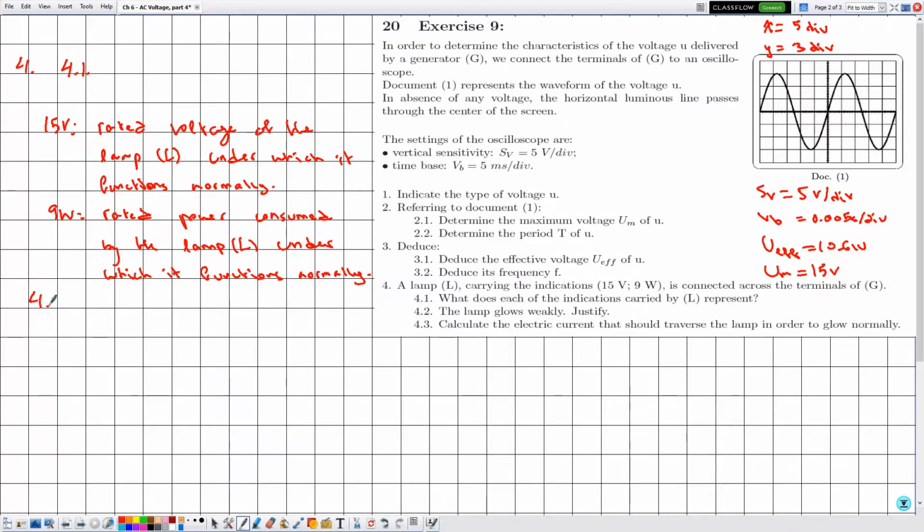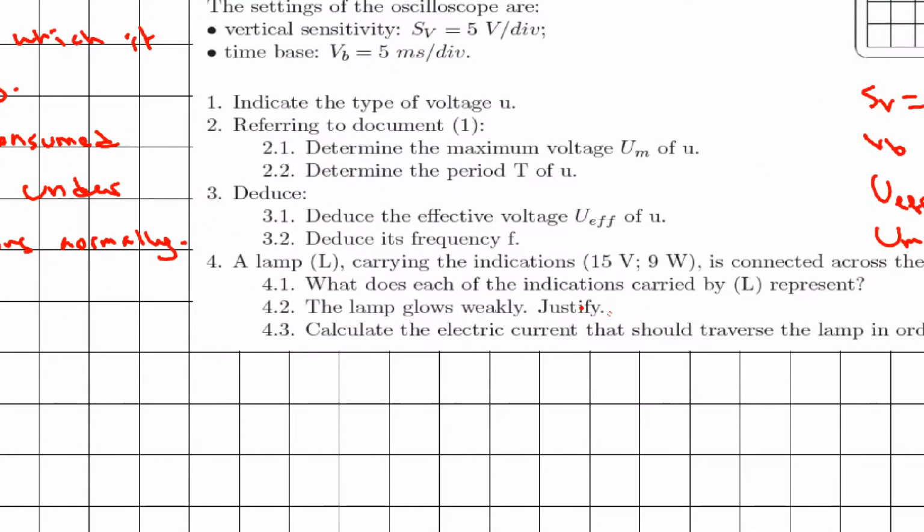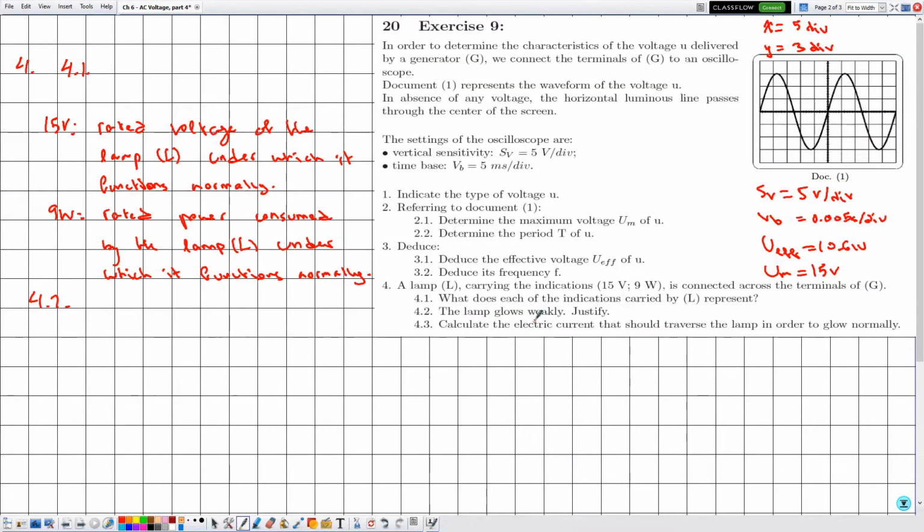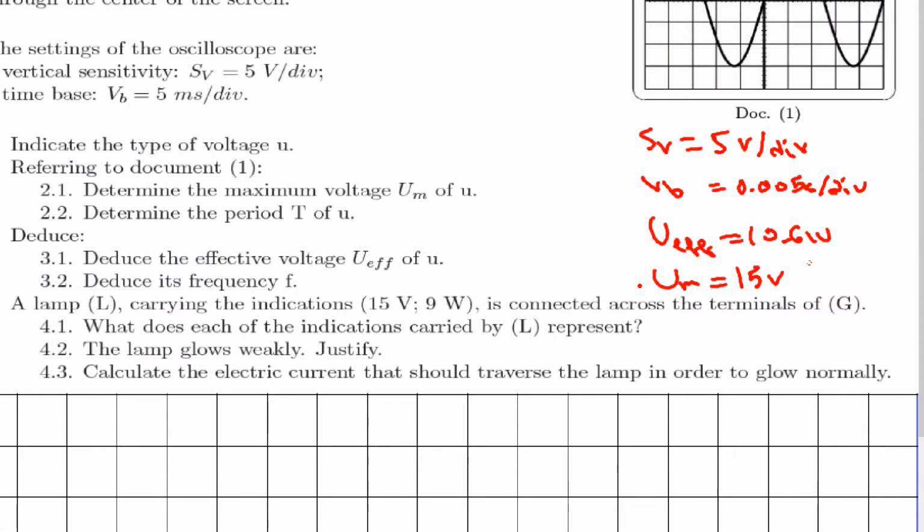Now in 4.2 they are telling me the lamp glows weakly. Justify. And glows, which means shines, refers to the functioning of the lamp, because we know that a lamp transforms electric energy into light energy. So the lamp lights up. Now in order to describe the functioning of the lamp, we need to compare the applied voltage to the rated voltage. The rated voltage is 15.